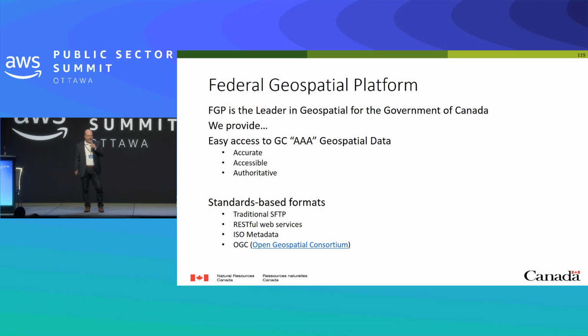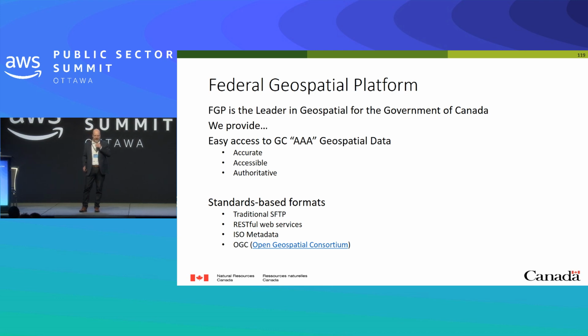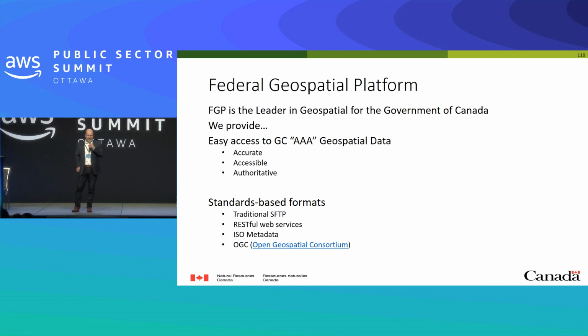The way that we ensure that is we have developed partnerships with 21 plus federal government departments, and we've put standards in place and created things like a standard approach to metadata, and so we can actually back up the fact that this data is AAA quality.